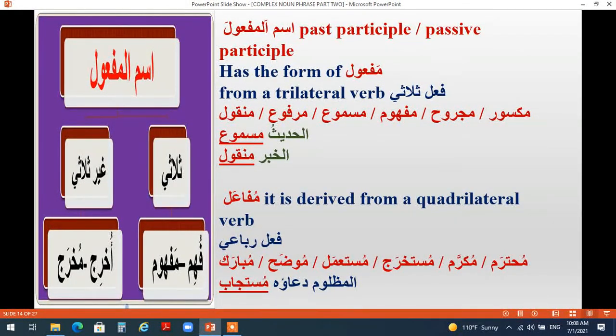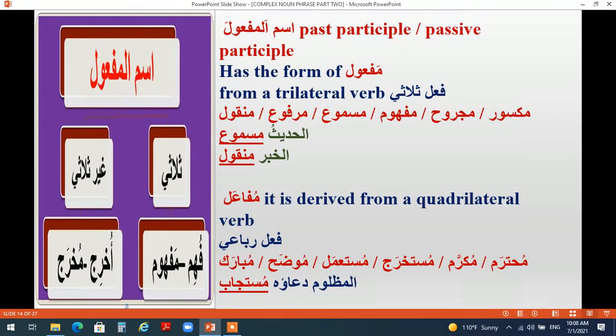For example: الحديث مسموع، فحيكون مسموع هو البوست موديفاير اللي حيكون نوعه past participle أو اسم المفعول. الخبر منقول، أيضا هنا لدينا منقول راح يكون هو اسم المفعول لأنه على وزن مفعول، وهو it is used as a post modifier for the noun الخبر.